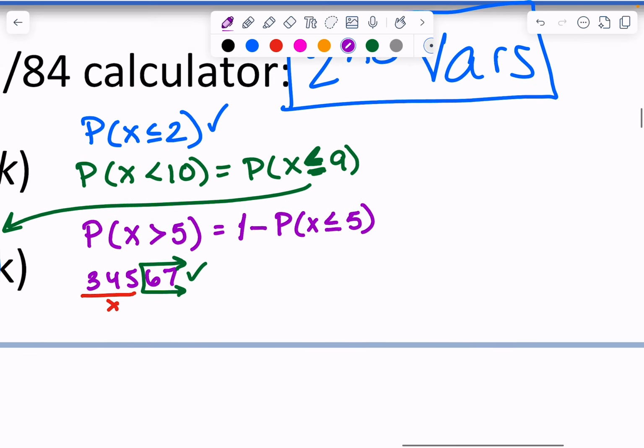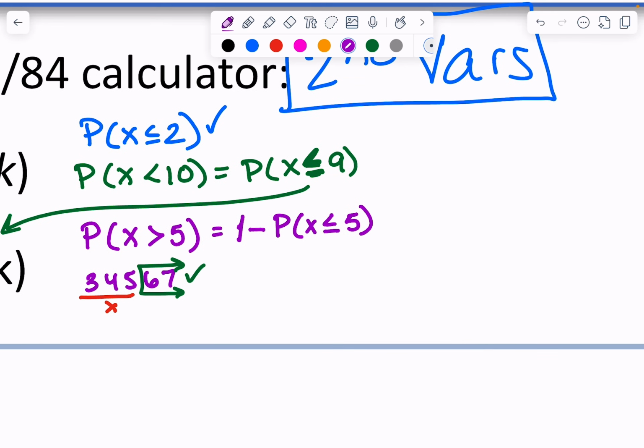Okay, so I'll do another example. So again, if I have the probability that X is greater than or equal to like 7, so 5, 6, I always write out some numbers just so I am keeping track of what's included and what's not.